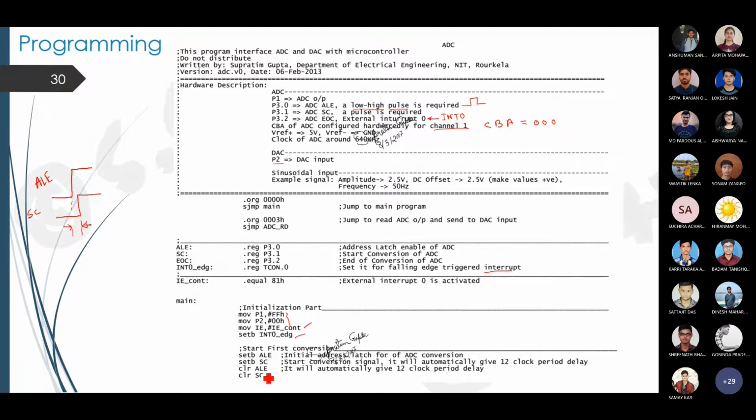The SETB instruction requires 12 clock cycles, so it means this will be at least 12 clock cycles. So what we did, instead of putting a NOP in between, is utilize the SETB SC as the time delay for this pulse. Is it clear?